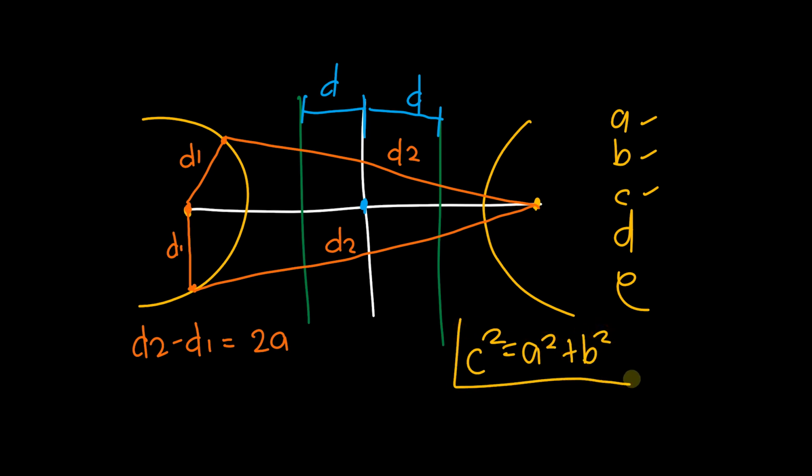That's what you should remember. Then D, we already know. Then E is also added. E is the eccentricity. And for a hyperbola, your eccentricity is greater than 1. To solve for that value, you also use the same formula. Okay. Next, we will discuss the asymptotes.